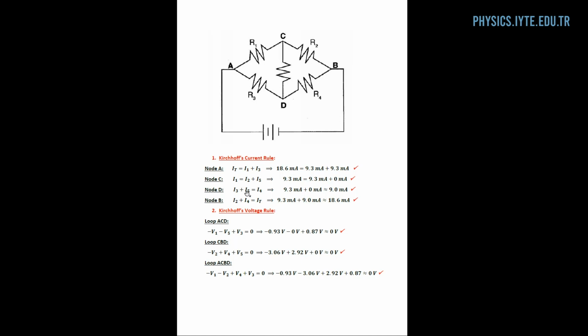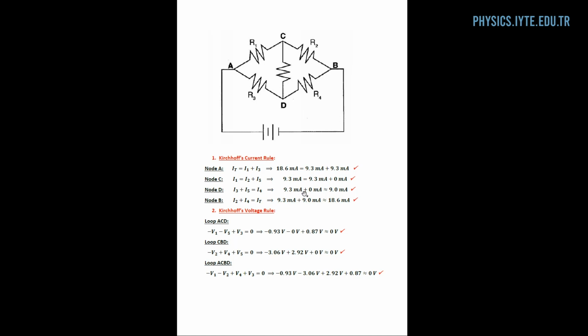At node D, again, the current that's going into the junction D should be equal to the current that's going out. The incoming currents are I3 and I5, and I4 is the current that's going out.